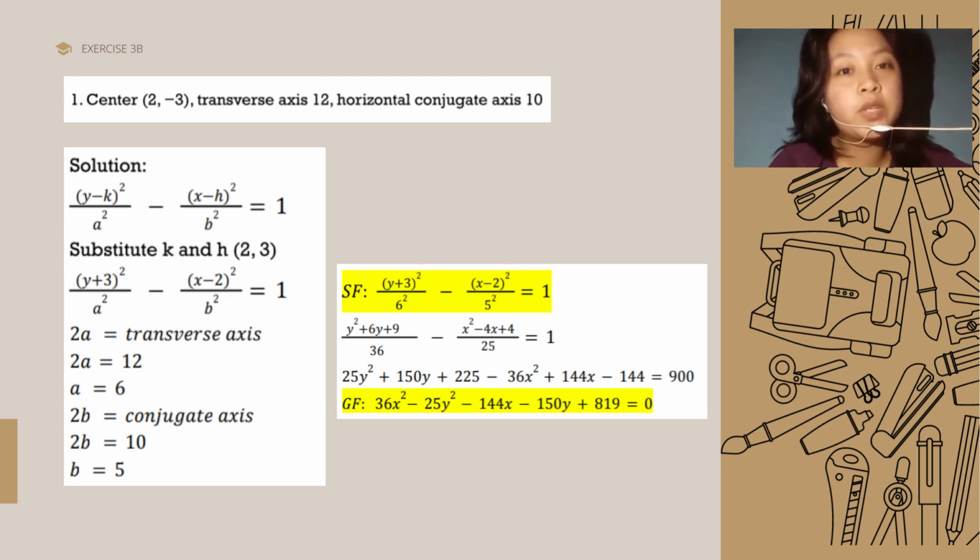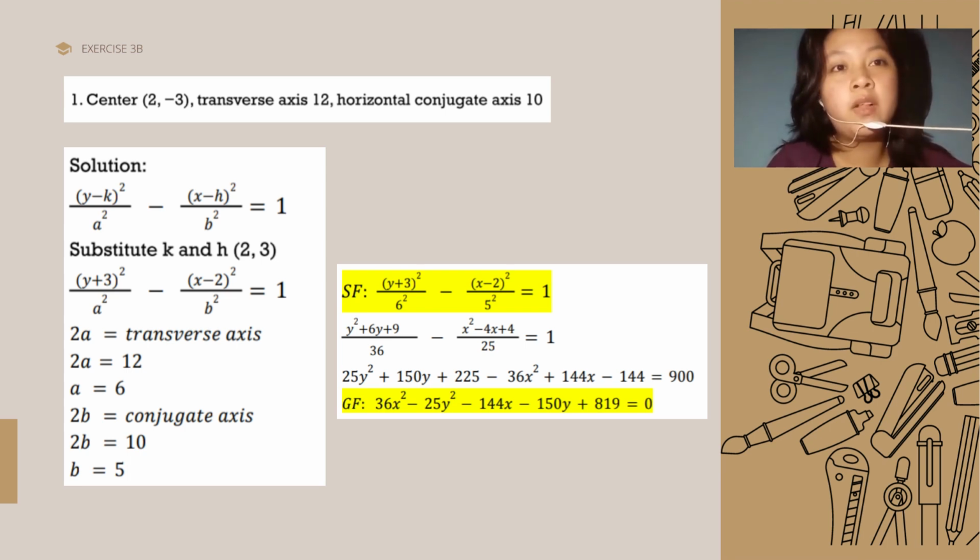So, in order for us to find the a and b, gagamitin natin ay 2a is equal to the transverse axis. So, ang transverse axis natin ay 12. So, 2a is equal to 12. I-divide lang natin ang 12 by 2, wherein a is equal to 6.